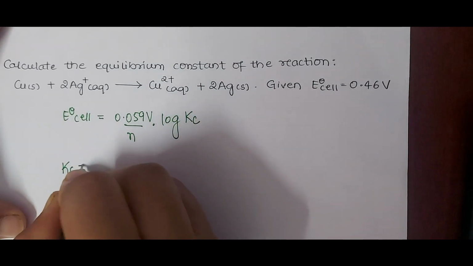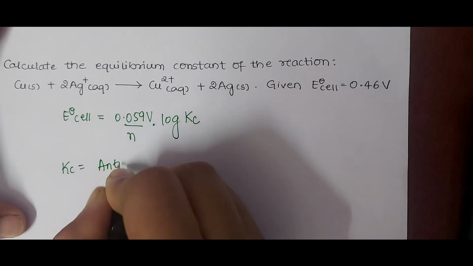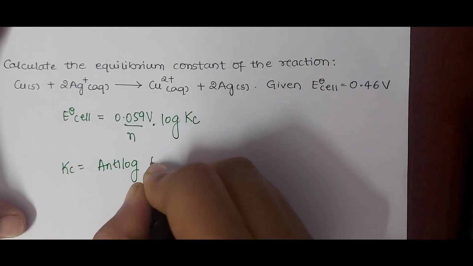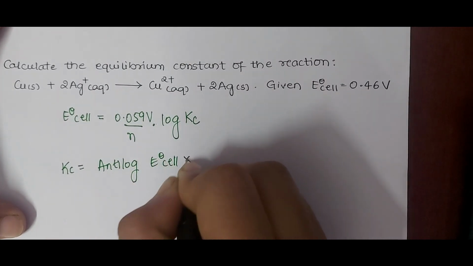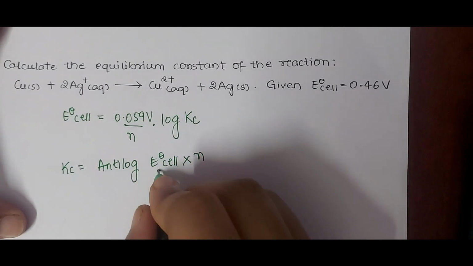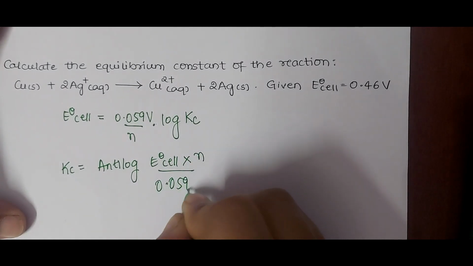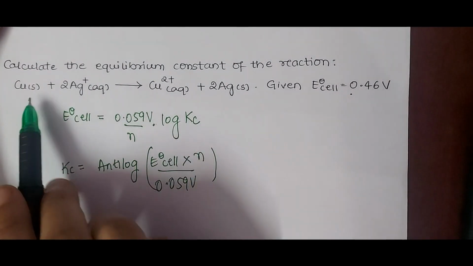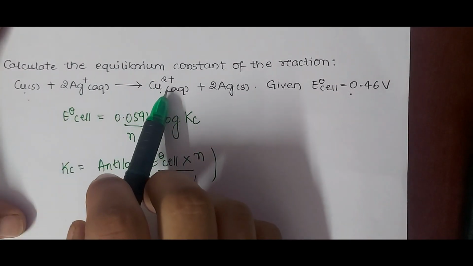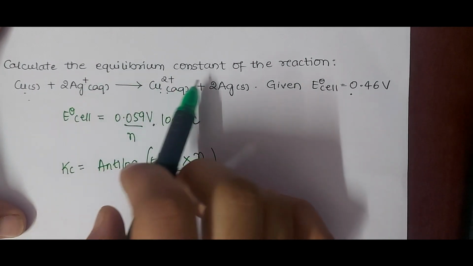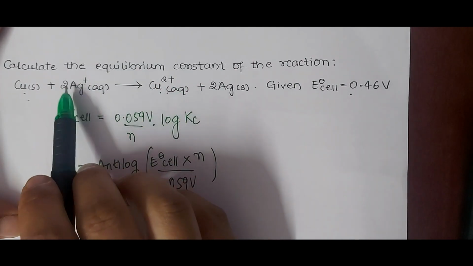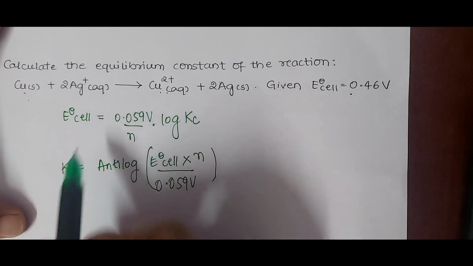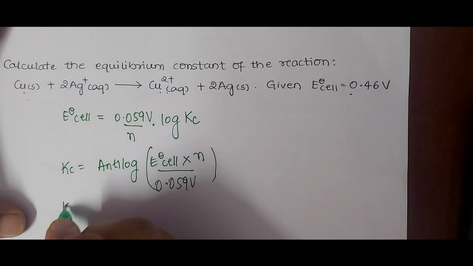So Kc equal to antilog of E0 cell into N divided by 0.059 volt. Now the N value: when you look, 0 to plus 2, 2 electrons are lost, plus 1 to 0, plus 1 into 2 is 2. So 2 to 0 means 2 electrons are gained. So your N value is 2.